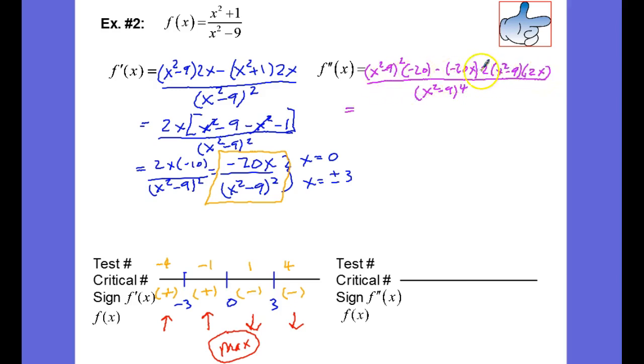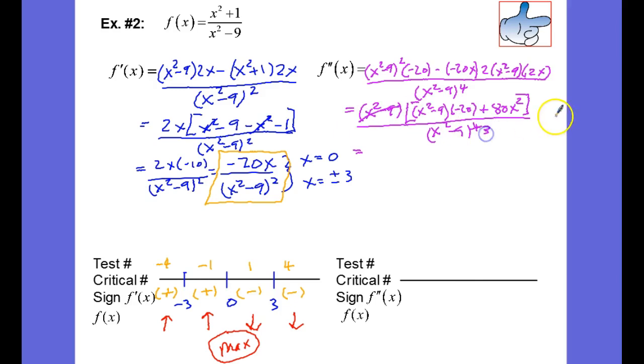Now I'm going to go ahead and factor out an x squared minus 9 on top, and that leaves us with an x squared minus 9 in the first term times a negative 20. And let's go ahead and distribute the minus sign. So minus a negative 20x gives us positive 20x, times 2 is positive 40x, times 2x is positive 80x squared. And let's just simplify again. So we can cancel out an x squared minus 9, and that'll leave us with an exponent of 3.